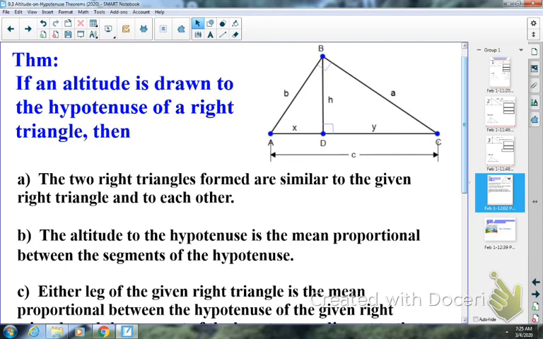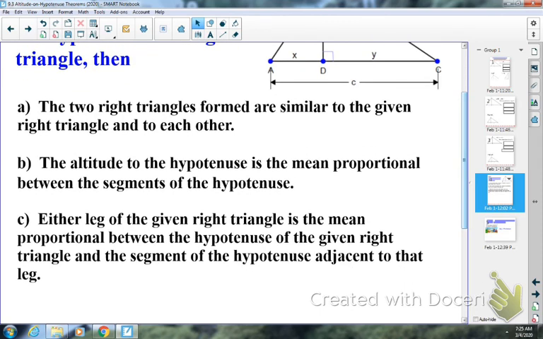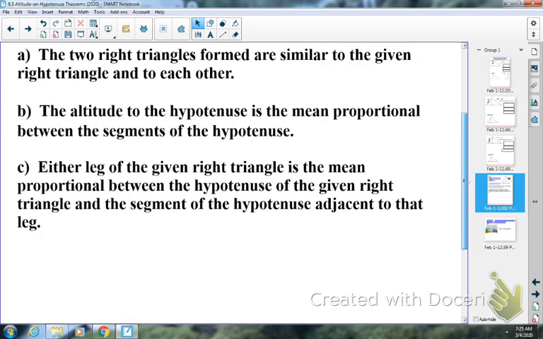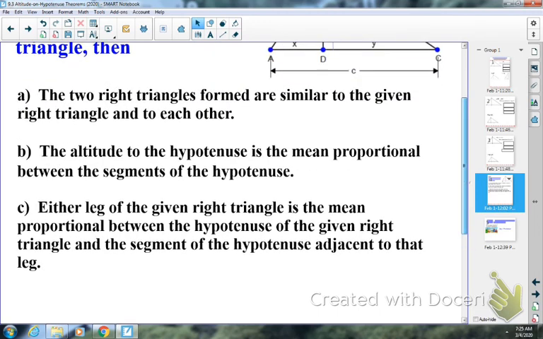The altitude to the hypotenuse, that was the last one we looked at, is the mean proportional between the segments of the hypotenuse. And either leg of the original right triangle is the mean proportional between the hypotenuse of the given right triangle and the segment of the hypotenuse adjacent to that leg.